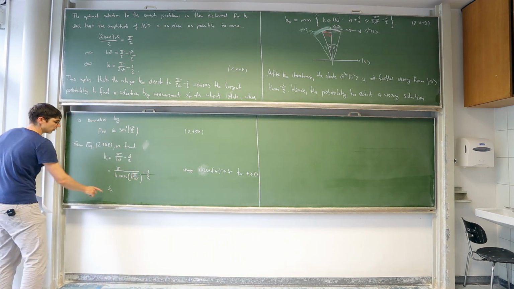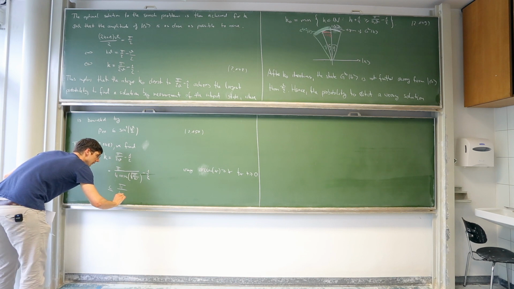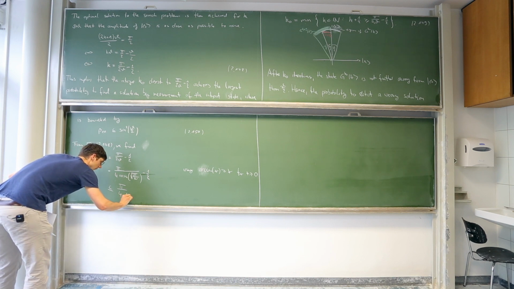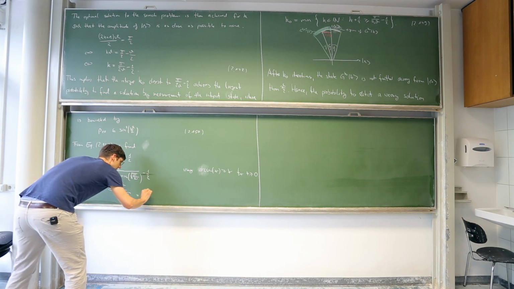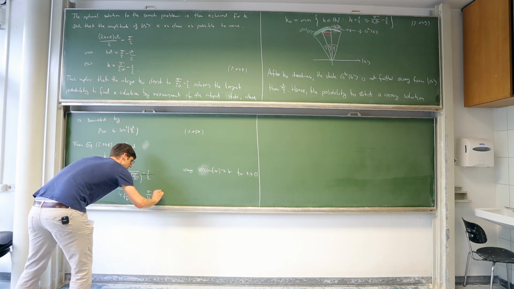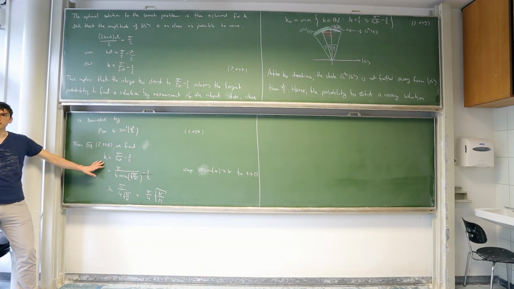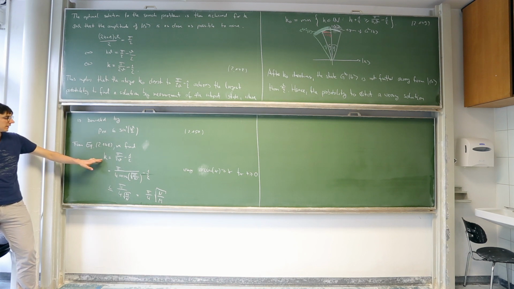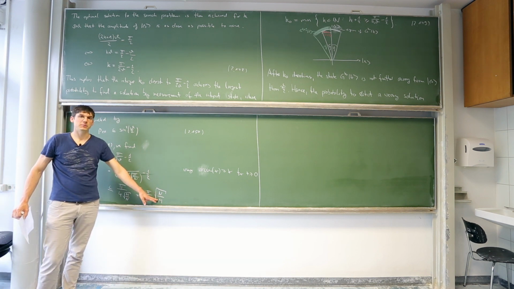So meaning this is smaller or equal to pi divided by 4 times square root of m over n, which is pi divided by 4 and then square root of n divided by m. So, and with this we get our scaling law, because we see that k must be smaller or equal to the square root of n divided by m.